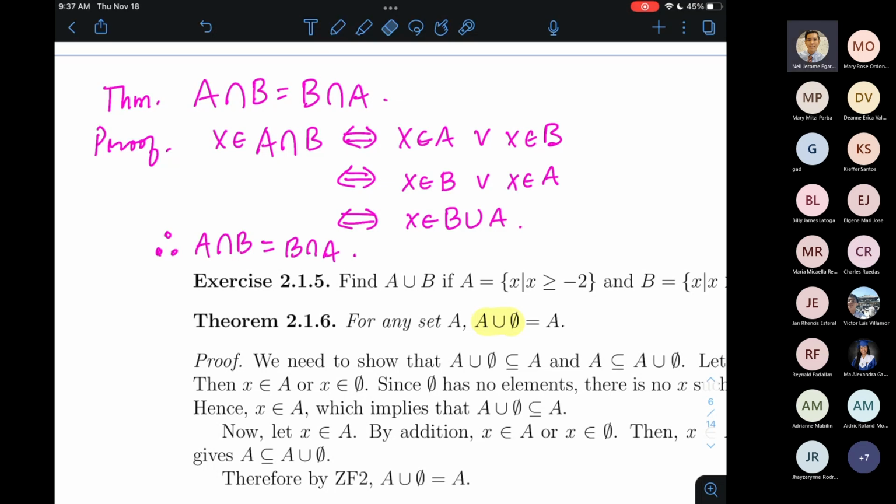Okay? And dun sa definition kasi niya, instead ng OR, and yung ginagamit natin. But that is not a big deal because and is also commutative. Commutative yung connective na and.